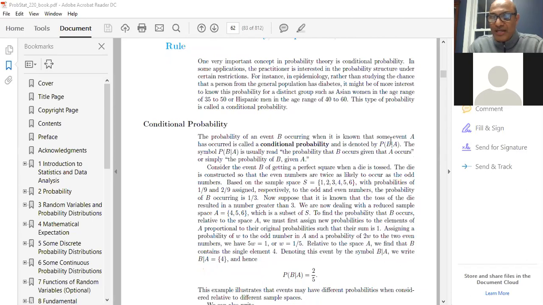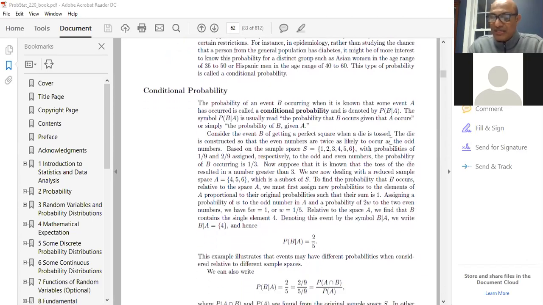I would like to give you a very nice example over here. The example is given in terms of lines. And then after, I will try to explain to you what it actually means. It says, consider the event B of getting a perfect square when a die is tossed.